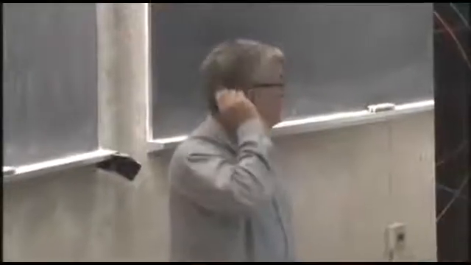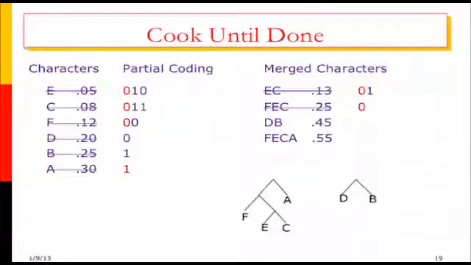Okay, so that was done. So the algorithm is, as is indicated there, a cook until done algorithm. You start up, you set up, you keep doing the same thing until you're finished. And so now I'll look for the least likely things, which are the A and the FEC. And no great surprise, what happens is I put them together.